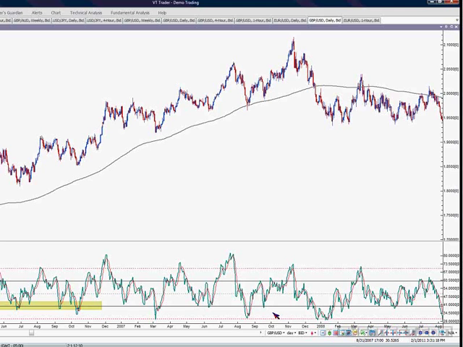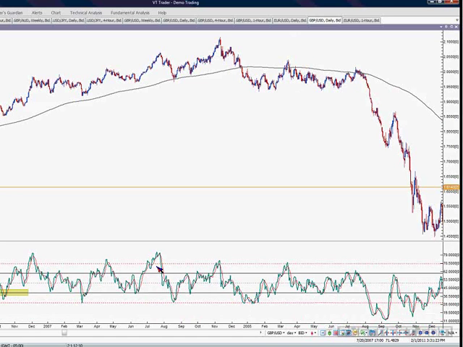Now it tagged it a couple of times here, and just looking at the RSI, we saw that the RSI bullish breakout became lower. And when you look at the momentum shift like that, that's building up a long-term reversal. It's not a quick signal at all.